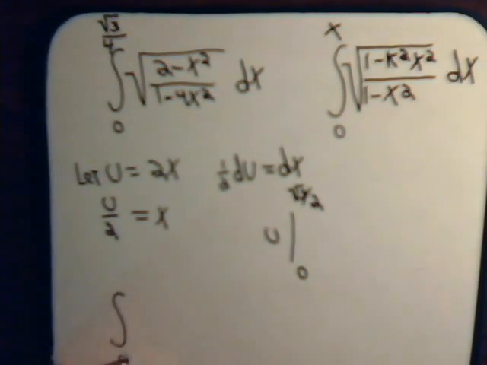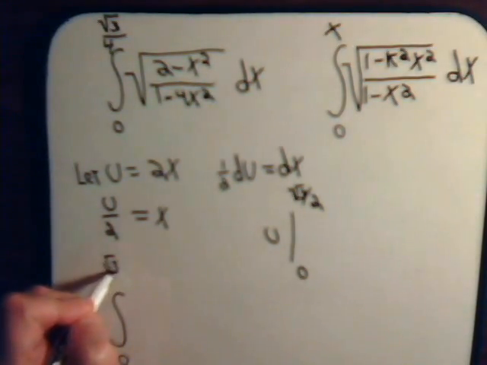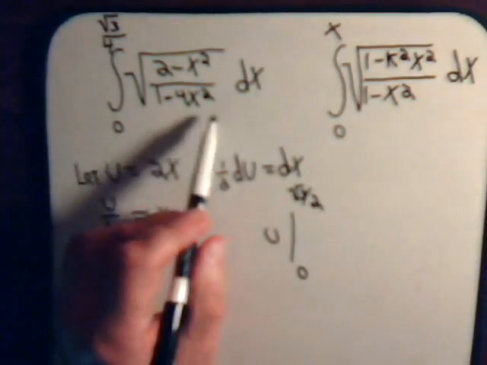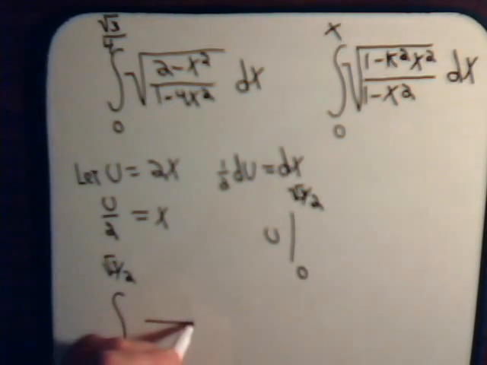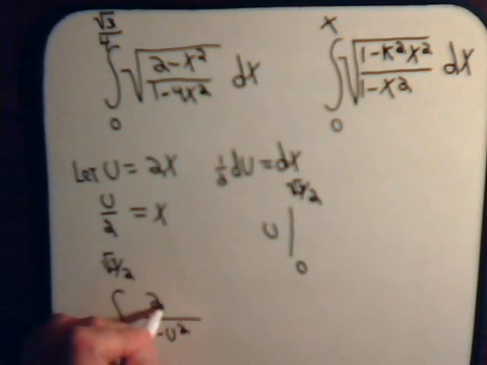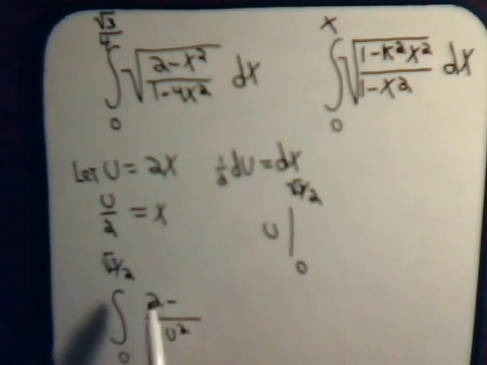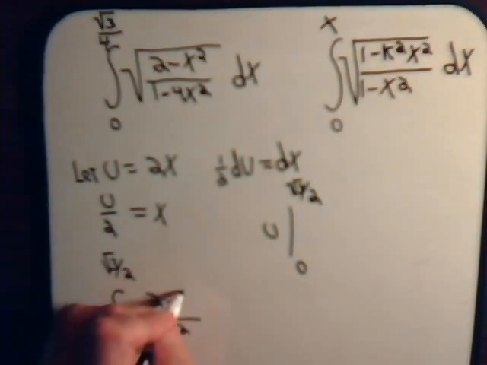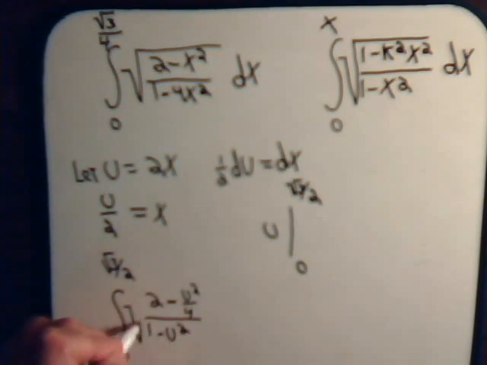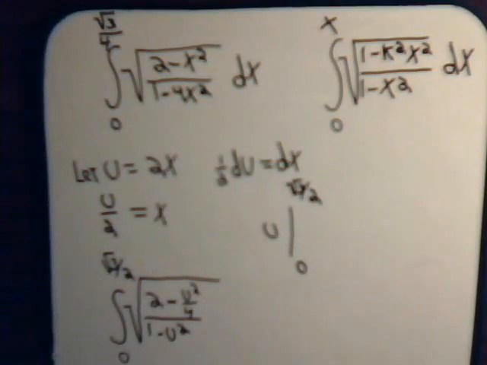We're going from 0 to the square root of 3 over 2. Let's do this last. We'll take care of this first. We have 1 minus u squared, the way we set it up. Then in the numerator it's 2 minus u squared over 4 for x squared. And then dx is 1/2 of du.